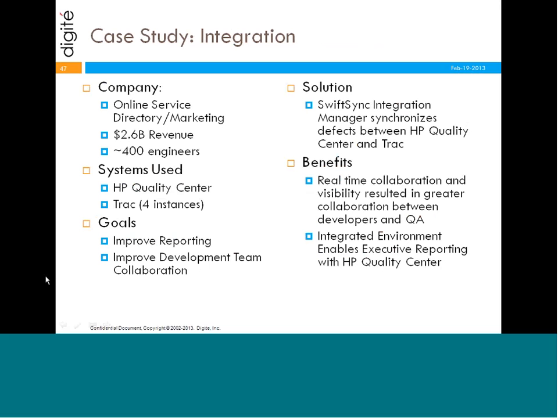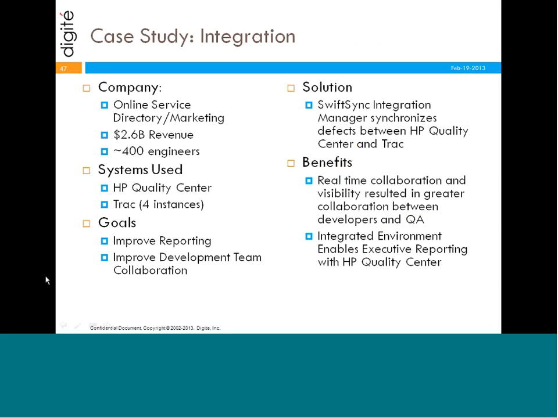So just a couple of quick case studies. So here is a company that is an online service directory marketing company with over 2.6 billion revenues, roughly about 400 engineers. And the systems that they used were HP Quality Center and Track for managing their work. And the goal really was to improve reporting and improve the development team collaboration.